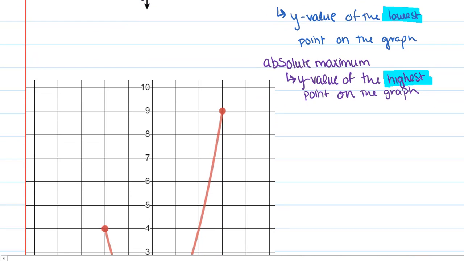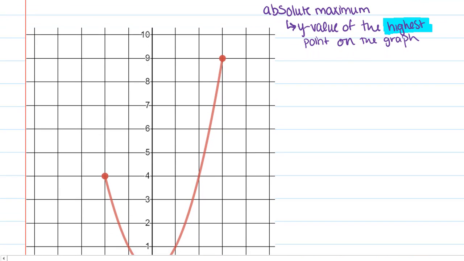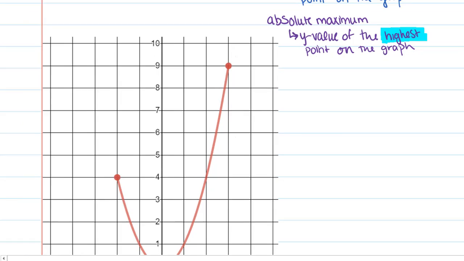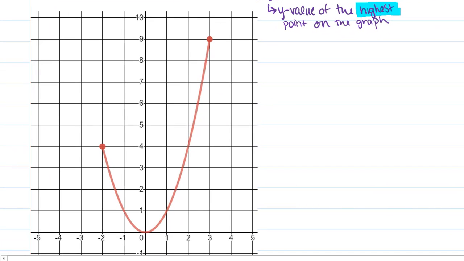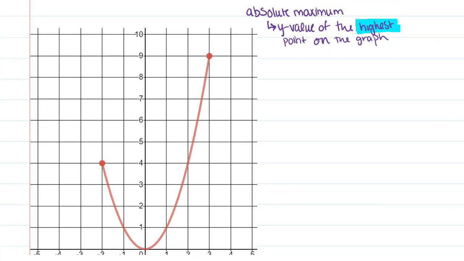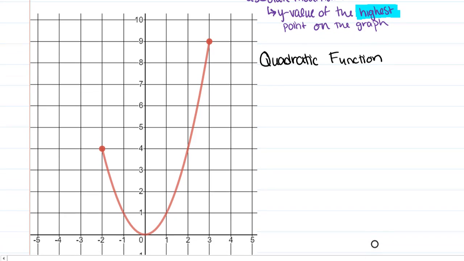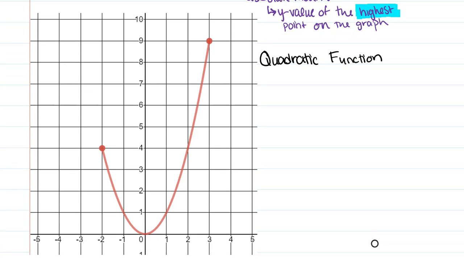Let's take a look at what that might look like on this next graph. So we have a nice portion of a quadratic function here. And this one does have endpoints to it. So this will have an absolute maximum.